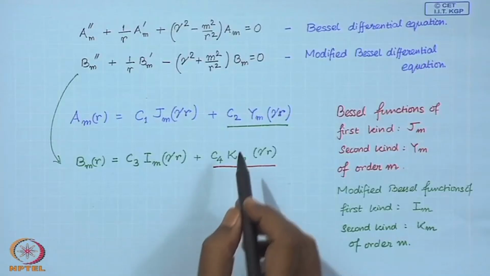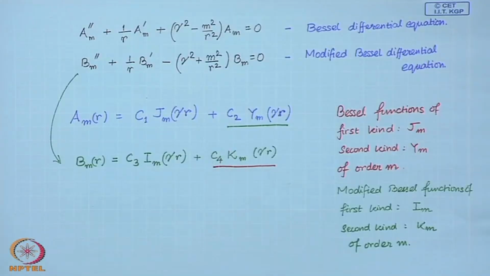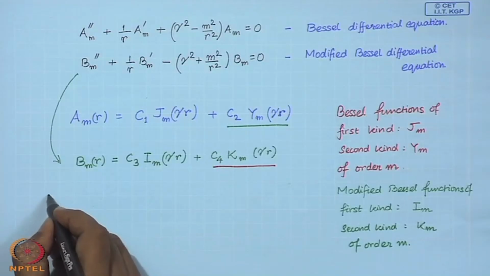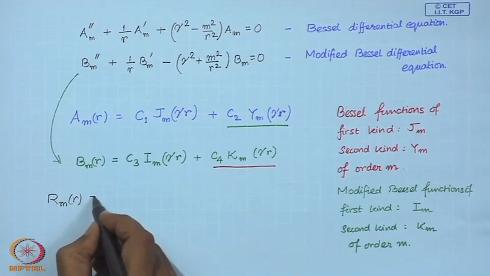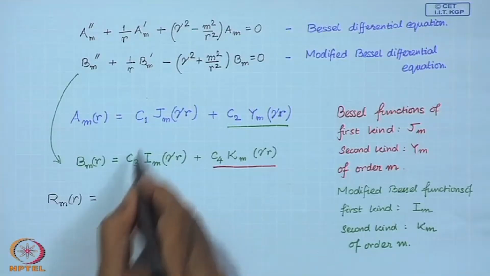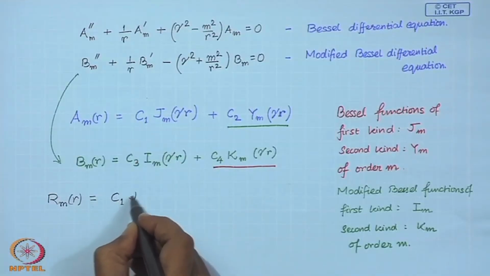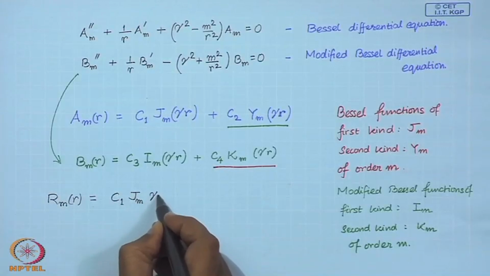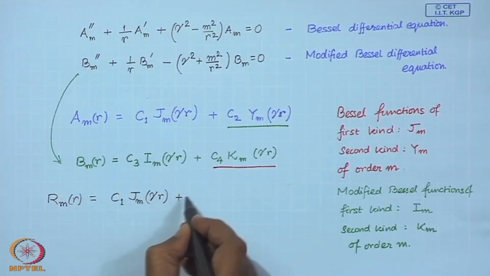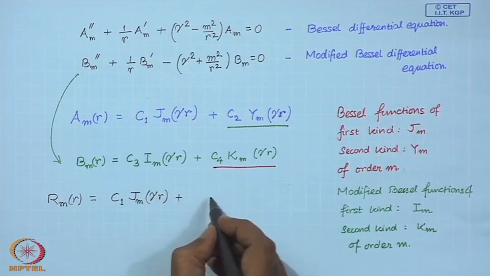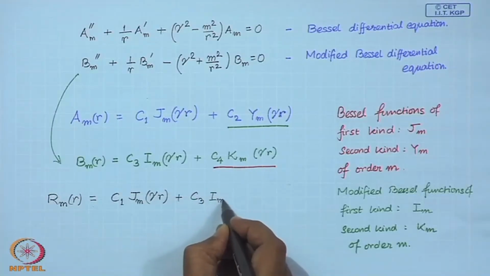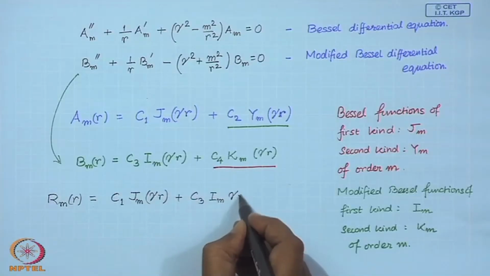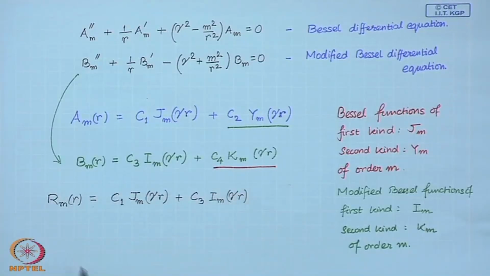So, since we are considering a complete circular plate, our solution for R therefore is as follows. So this is a solution for R.